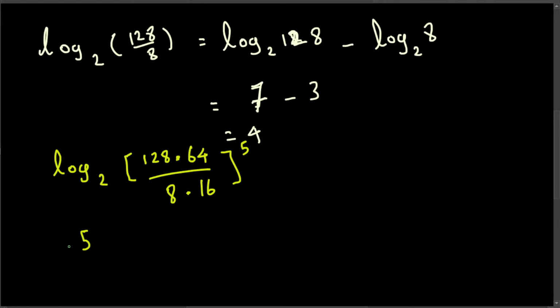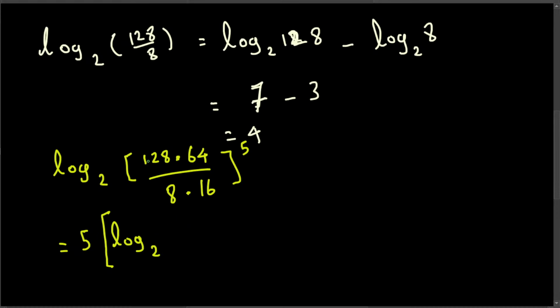So this is going to be 5 log base 2, and instead of doing it one by one, we can put everything in the bracket, because when we bring 5 in front of the log, it's going to multiply everything. So just put 5 in front of everything, and then log base 2.